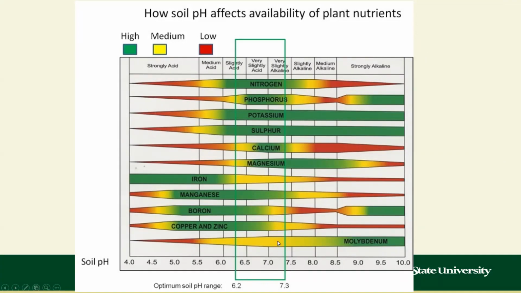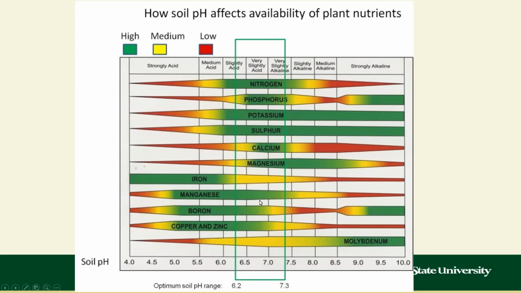In this green box here is the area that plants do the best in, because these essential minerals can be taken up by the plants well in this soil solution with a neutral-ish pH.